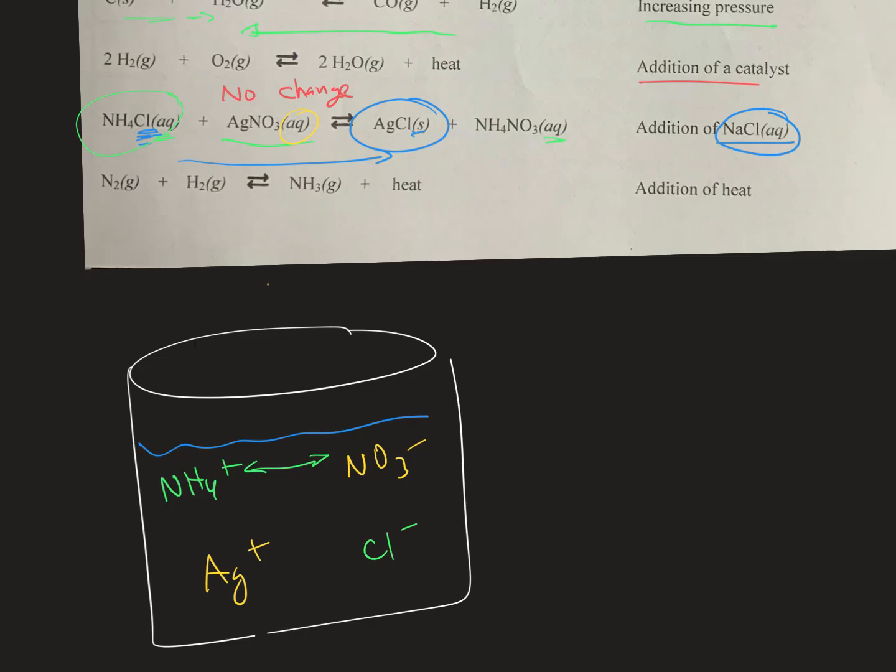They stay dissociated. That does not form. But these guys hook up because it's insoluble, right? It's an exception. Yeah, Ag is an exception to chlorine. You with me?